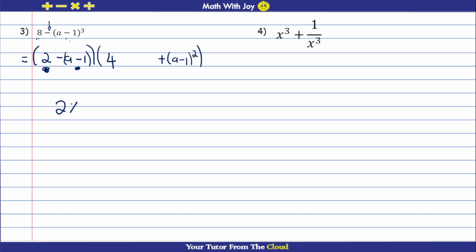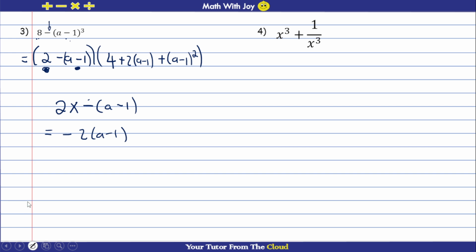So what is 2 multiplied by the minus bracket of a minus 1? That is going to give us something like minus 2 bracket a minus 1. So I'm going to put down here positive 2 bracket a minus 1. That's how you do this.